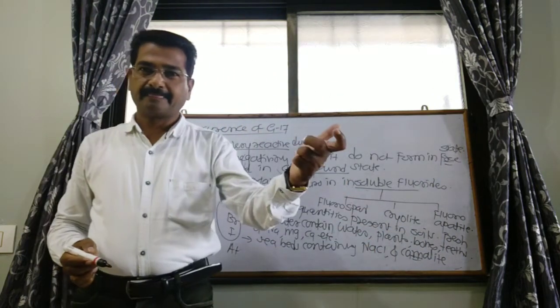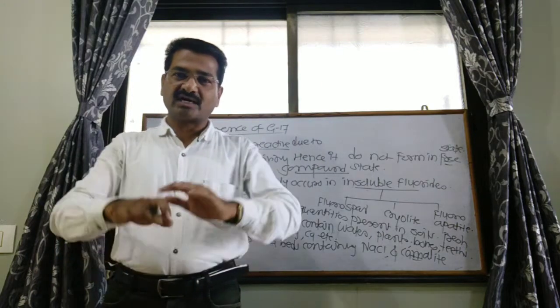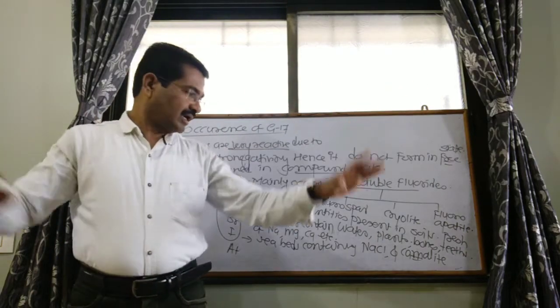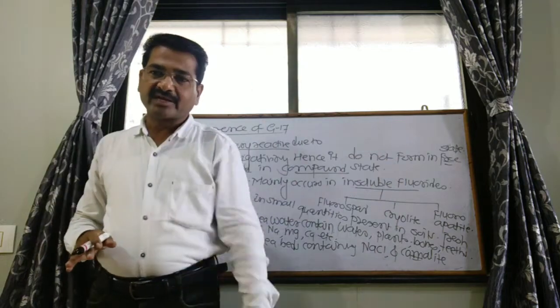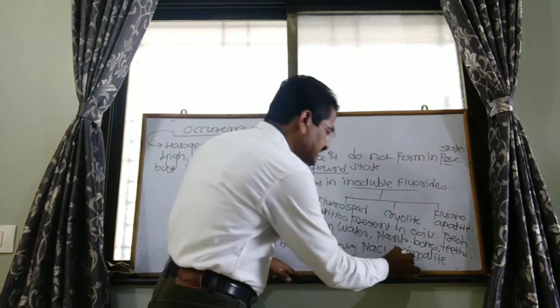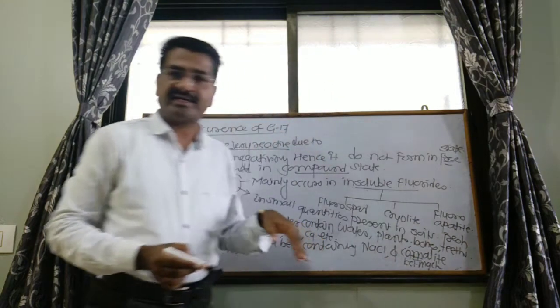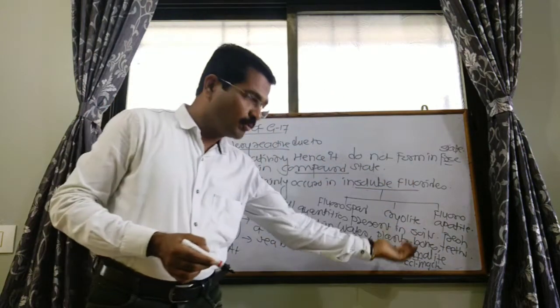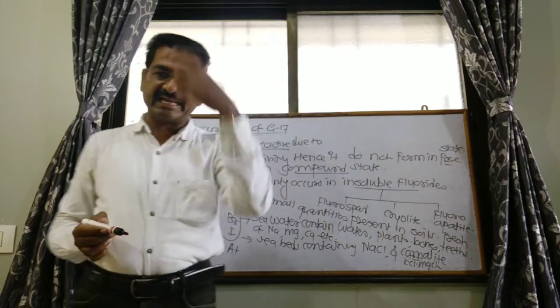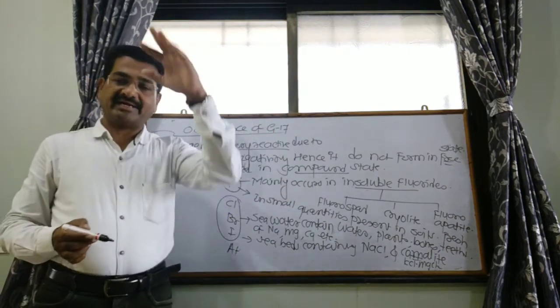Sodium chloride and carnallite are both obtained in seabeds. Sodium chloride, that is NaCl. Carnallite has the formula KCl, potassium chloride, with MgCl2, magnesium chloride. Magnesium chloride with potassium chloride is called carnallite, which occurs in seabeds.